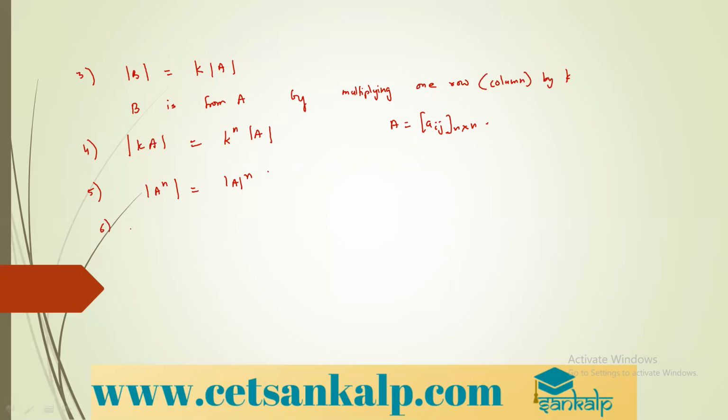Next, the sixth property. A is a matrix having elements Aij, order m by n. B is a matrix having elements Bij, same order. C is a matrix having elements Cij with the same order.